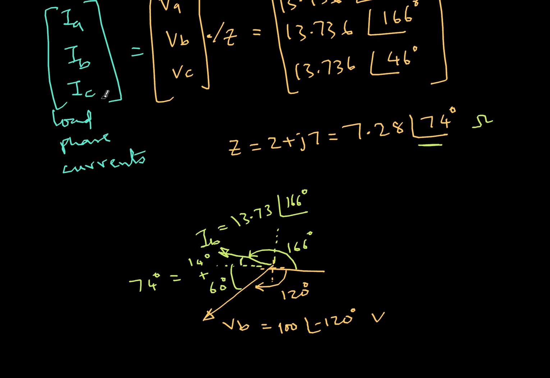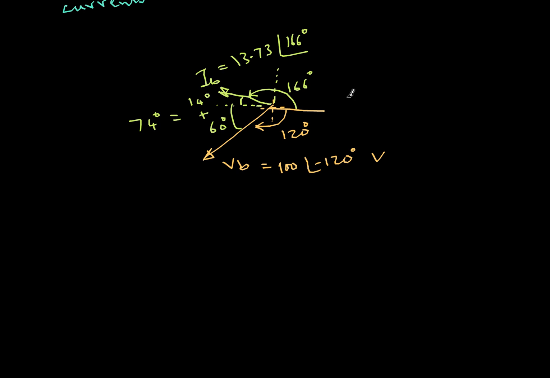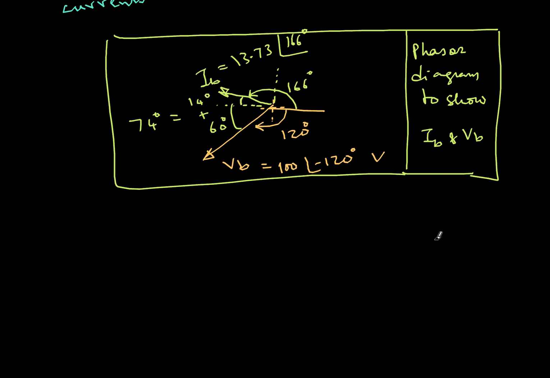If you also want to see the relation between IC and VC, that also can be done. So let's very quickly do that. This is the phasor diagram to show IB and VB. Same thing I want to repeat for IC and VC. So what is VC?